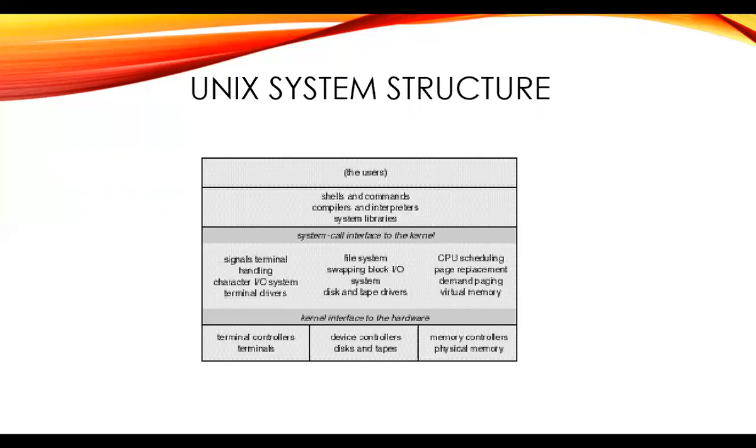Above that we have CPU scheduling, file system, and signal handling, all the basic needs for executing a program, and the system call interface to the kernel. Only via the system call interface can the program communicate with the operating system. Beyond that, shells, commands, compilers, interpreters, and system libraries are all system programs for execution. Finally we have the user, where the application programs are stored.